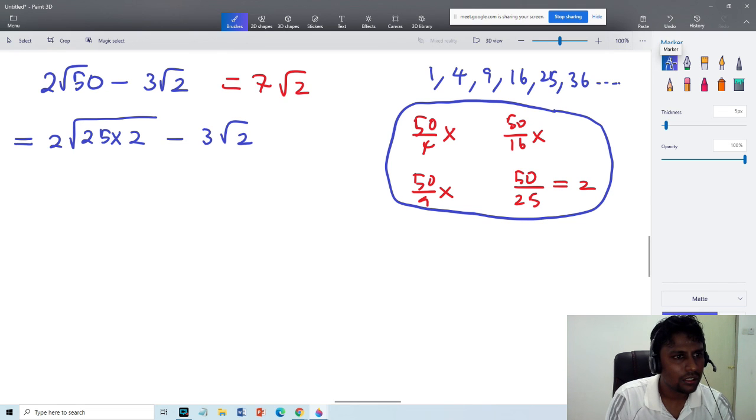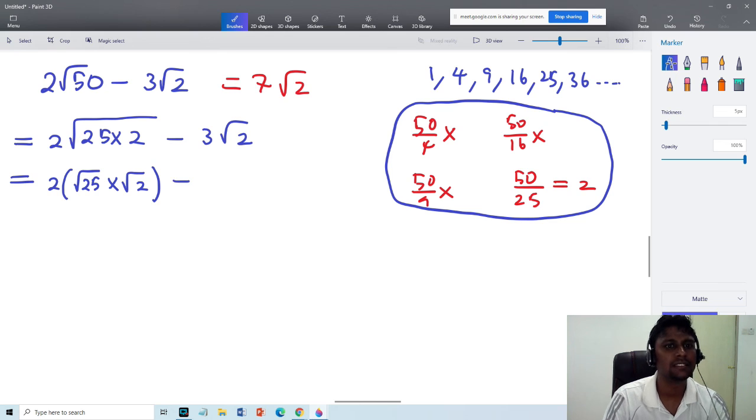So what do you get here? Equal 2, we put a bracket. This 25, we can put as square root 25 times square root 2, minus 3 square root 2. We do everything together now, which means whatever we learned previously, we use again for this question.